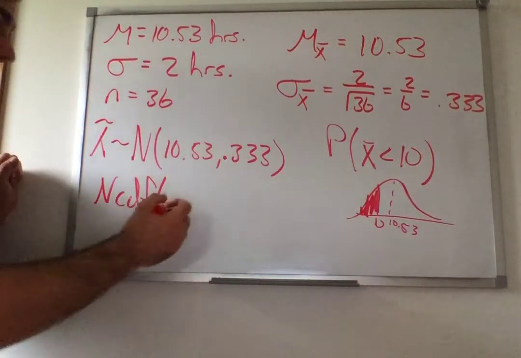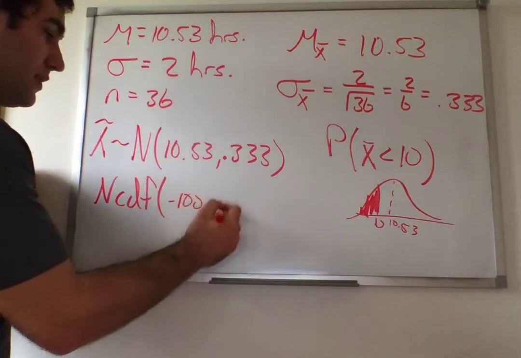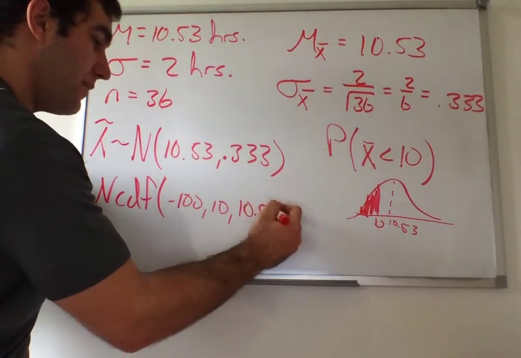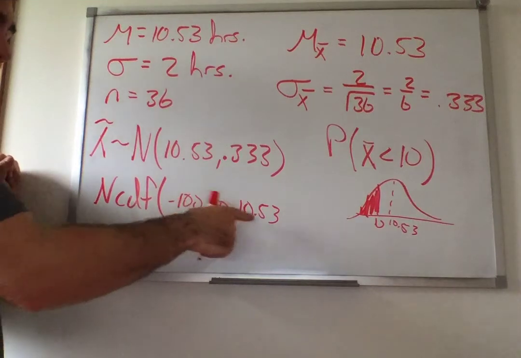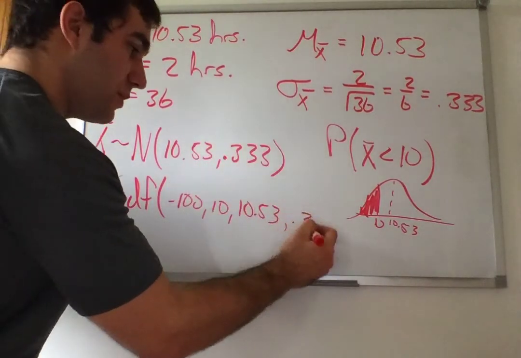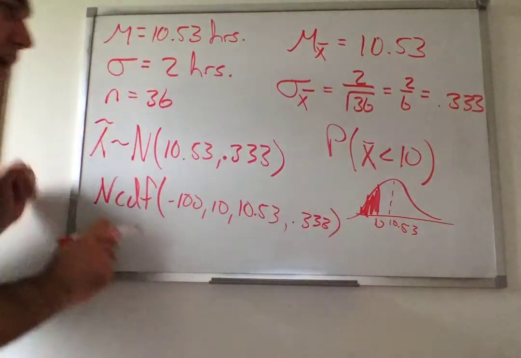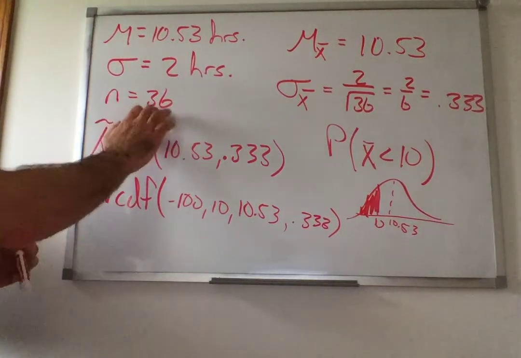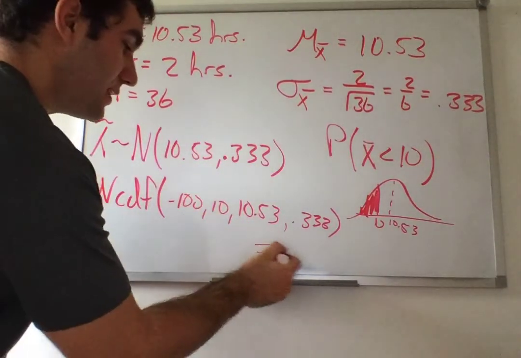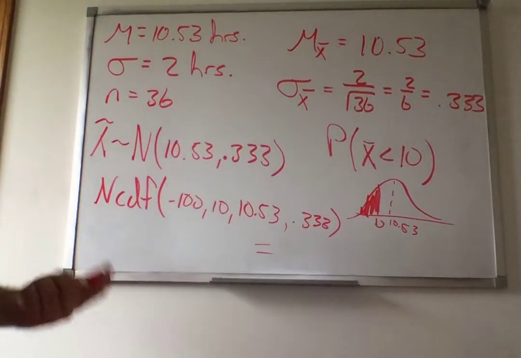So normal CDF, negative 100, comma 10, comma 10.53, so lower bound, upper bound, mean. Now, standard deviation. We're going to use this number right here. We do not have to divide it by the square root of 36, our n, because we already did that. Now we just have to input this on the calculator, and we've got our answer.